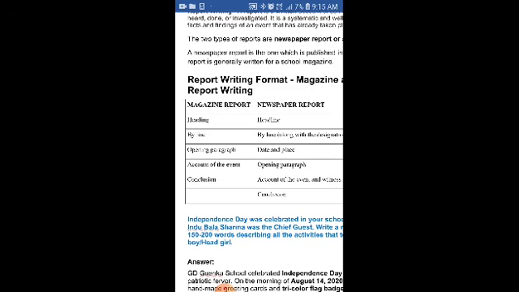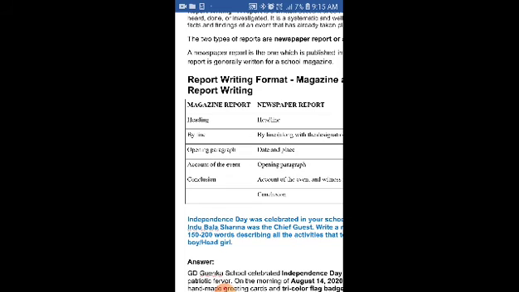So if it is an incident, then we also need to mention the witnesses, who had witnessed the accident or the scene. So that is about the newspaper report. And then after mentioning all, who, where, when, how, we have to complete the report with the conclusion. So for class 6, I think magazine report would be better for you, because newspaper report you will be learning in the next class, in the next standard.